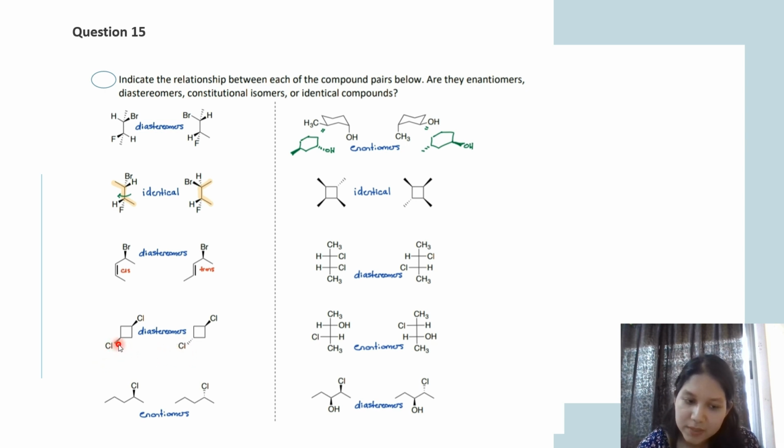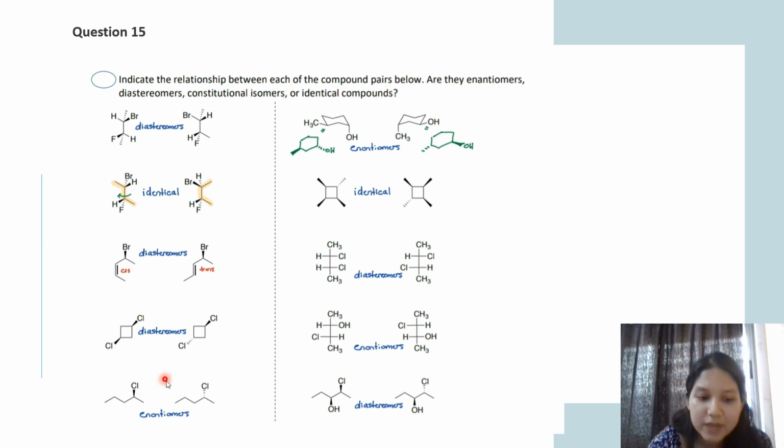This chlorine atom is above the plane and this chlorine atom is below the plane, and also these two molecules are not mirror images. Although they have the same molecular formula, they are not mirror images. Forget about superimposable, non-superimposable. They are not even mirror images. Hence, according to the definition, you have to term this pair as a pair of diastereomers.